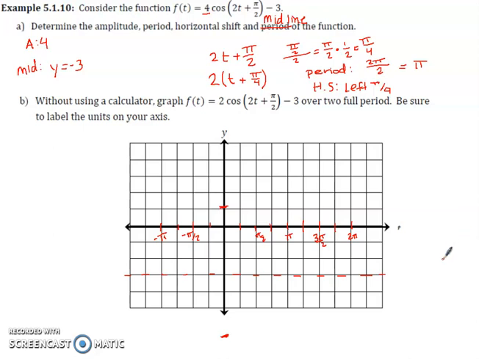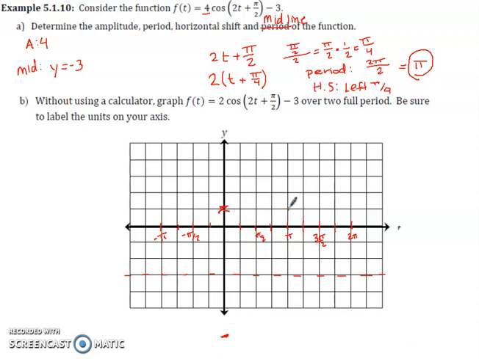So I know that my graph is going to start at my midline. Since we are graphing the cosine function, it reaches a maximum at the point where x is 0. So I will have a maximum value where x equals 0. From there, my period is only pi, which means I complete a full cycle in that pi unit.